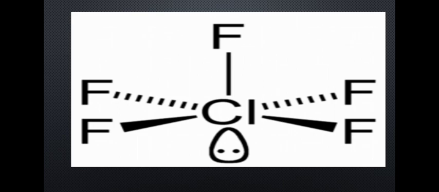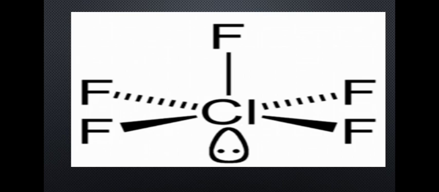Next is ClF5. Again Cl belongs to group number 17. So again I will use the formula hybridization is equal to half bracket start. Halogen family has 7 valence electron, so 7 plus 5, how many fluorine are there, 5 fluorine, so 7 plus 5 bracket close.